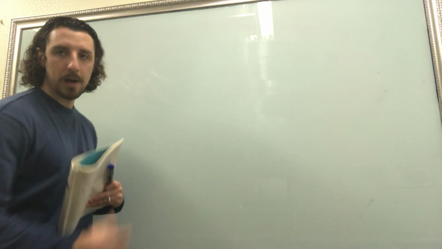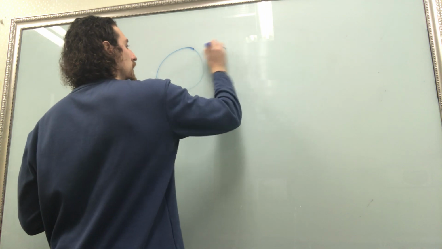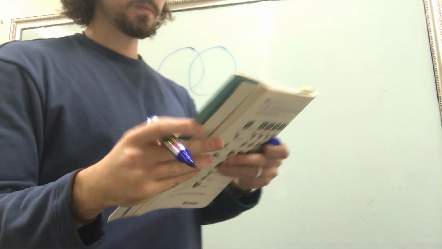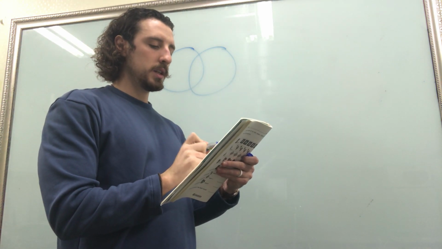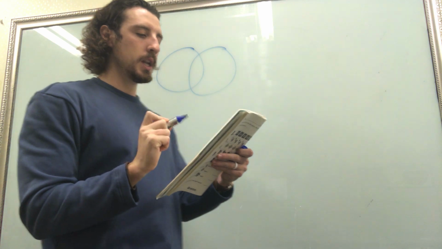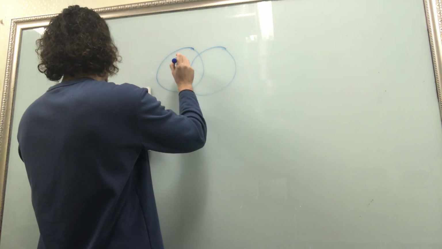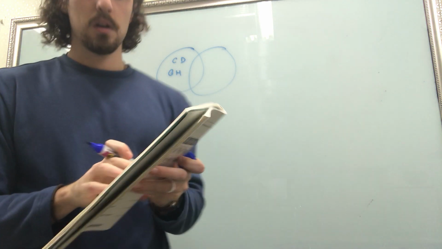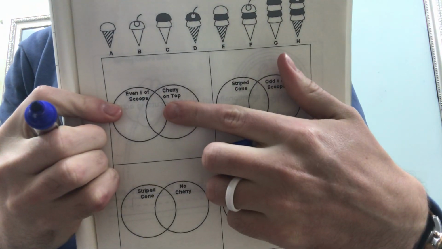So number 1, right? We have our 2 circles. So we had C, D, G, and H. Now, so let's put C, D, G, and H. Okay. Now, if we look at the next one, it also says cherry on top.